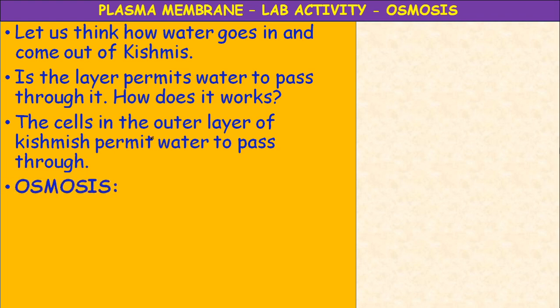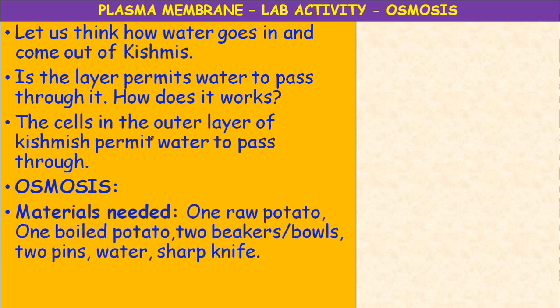That is nothing but osmosis. So in order to do this osmosis experiment, we need the materials: 1 raw potato, big size; 1 boiled potato; 2 beakers or bowls; 2 pins; water; and a sharp knife.